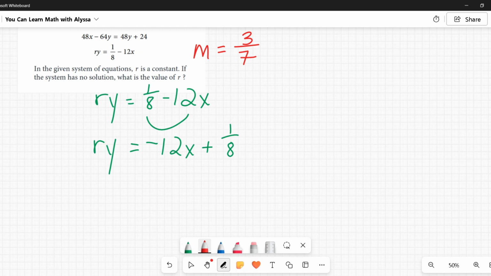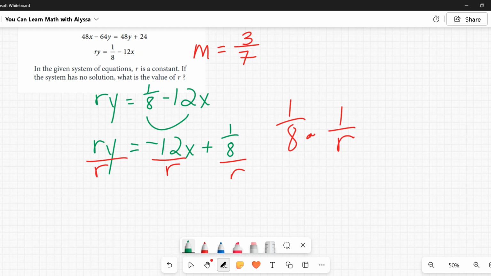So I'm going to divide everything by r. And this one right here, when you divide a fraction by something like 1/8 divided by r, dividing by r is the same as multiplying by 1 over r. Just like dividing by 2 is the same as multiplying by 1/2. Same principle at work. So 1/8 times 1 over r is how you would do that.